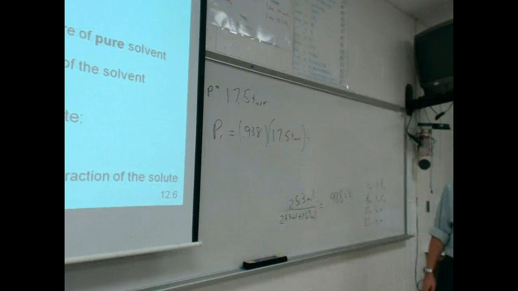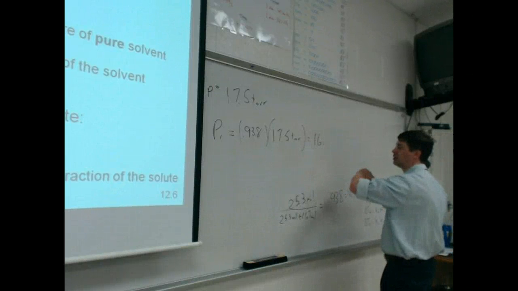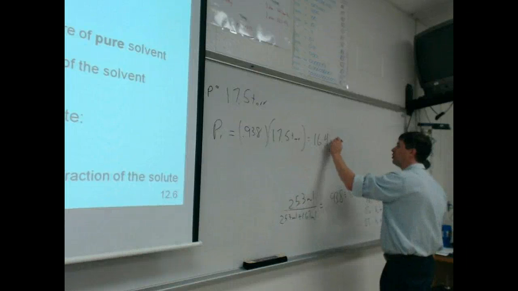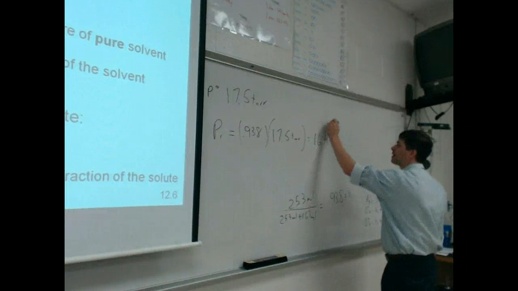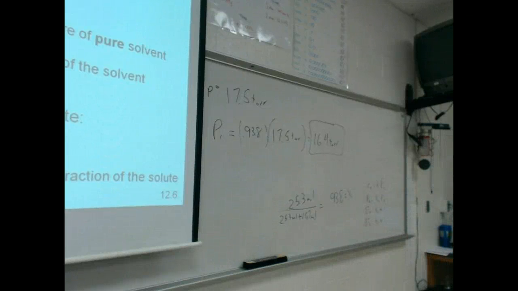What is it? 16.44. So it lowered the vapor pressure slightly by adding the solute. And it didn't matter what the solute was, it only mattered how many particles we had.